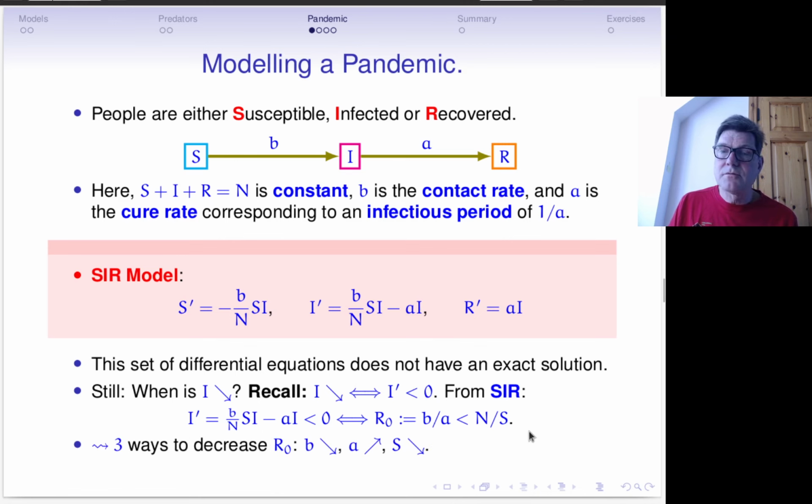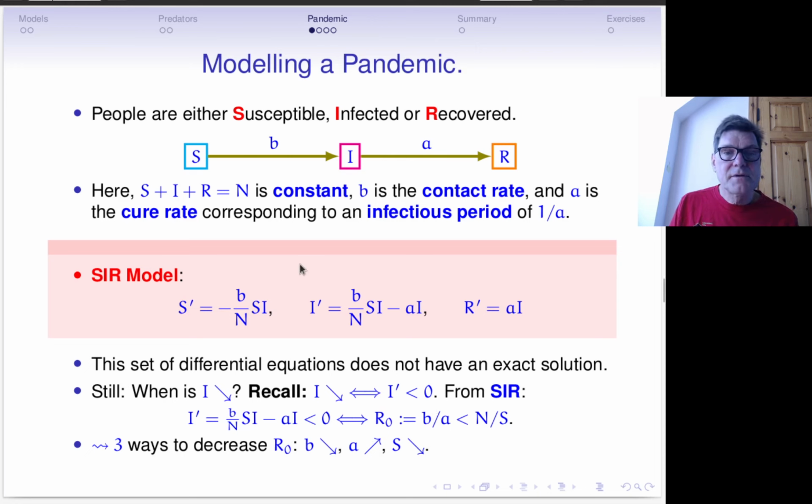And from this condition, one can derive 3 ways to decrease this R0 number, B over A being smaller than N over S. One way to make this number smaller is to decrease the B number.